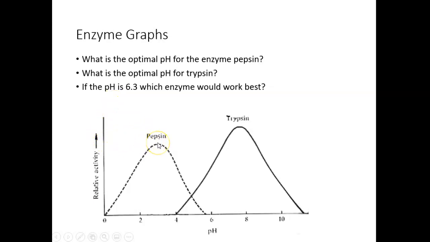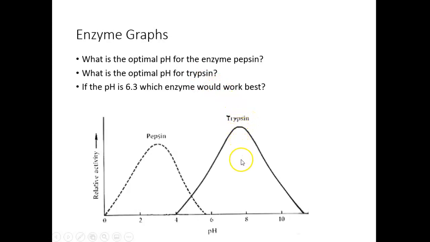So looking at pepsin, the peak, or where it is working best, is right in here somewhere. So if you look down here, somewhere between 2 and 4, probably around 3 would be the best answer for pepsin.